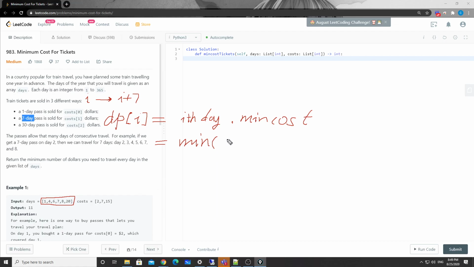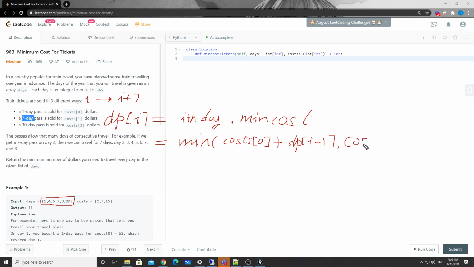Which means we can purchase a ticket on day i minus 1, so we have cost[0] plus dp[i-1]. This means we purchase a daily pass on day i minus 1, and then we get to the current day.